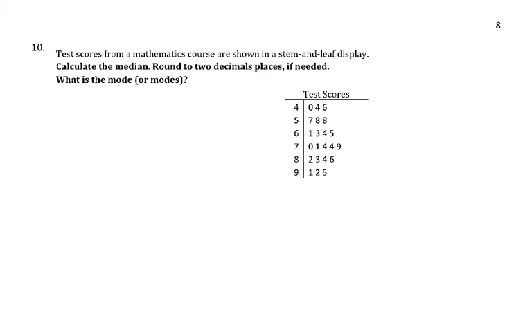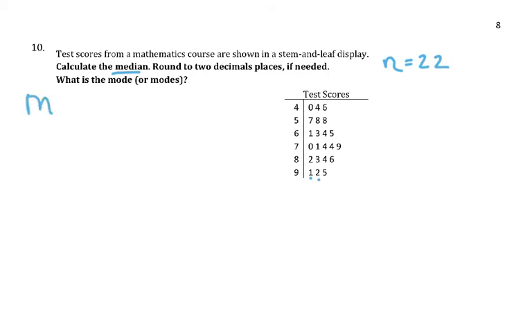Okay, now we have a stem and leaf plot done for us, and we're just asked to calculate the median. So, how many scores are there? It doesn't tell us, so I'll have to count. 3, 6, 7, 8, 9, 10, 11, 12, 13, 14, 15, 16, 17, 18, 19, 20, 21, 22.